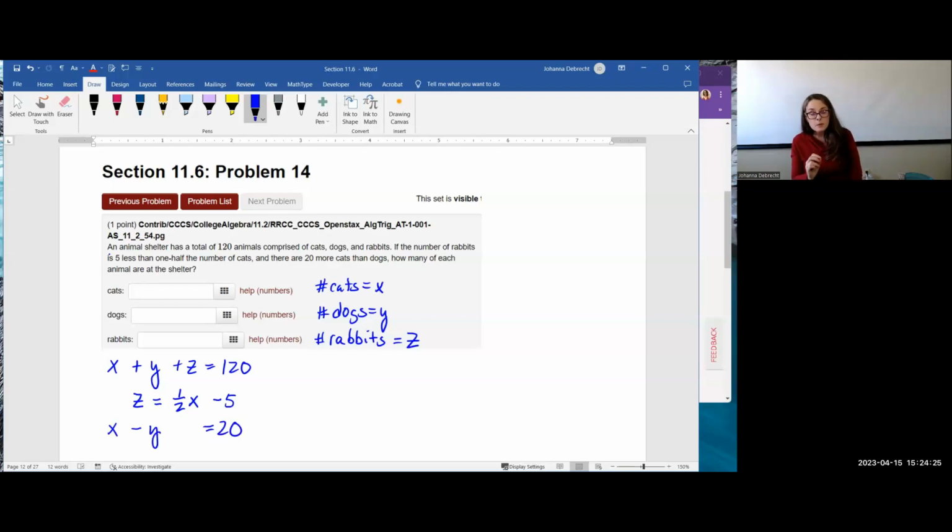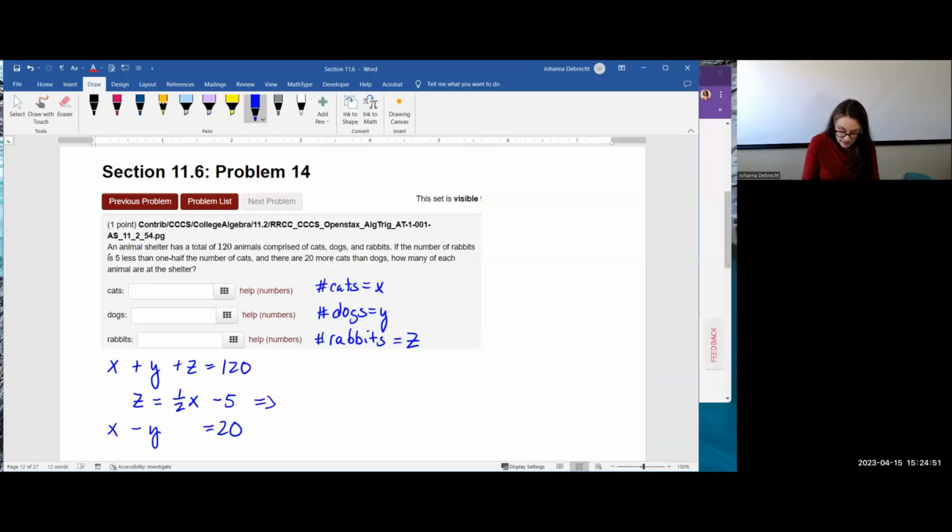Now I have a problem with this system. The forms don't match. The first equation and third equation are good to go, but the middle equation is not. But the rules that we can apply to matrices apply to these equations as well. I can move the 1/2 x to the left by subtracting, and I can also multiply that entire equation by 2 to get rid of the fraction.